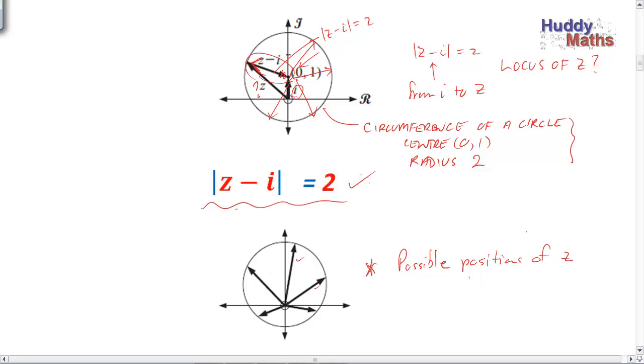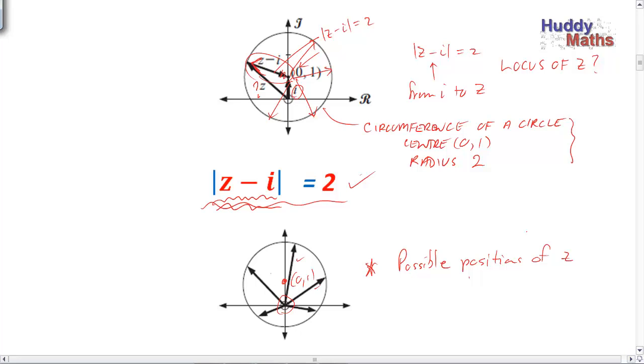Do you get it? It's quite intricate, isn't it? z comes from the origin, but the centre of the circle is actually at (0, 1), because these are different lengths of z. z can be different lengths as long as the distance of z from i is 2. All right, think about that.